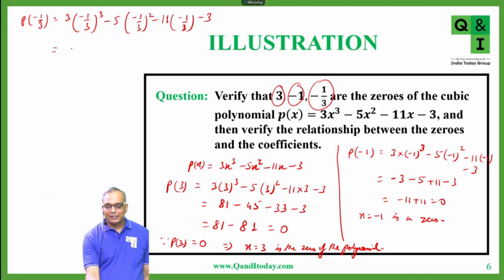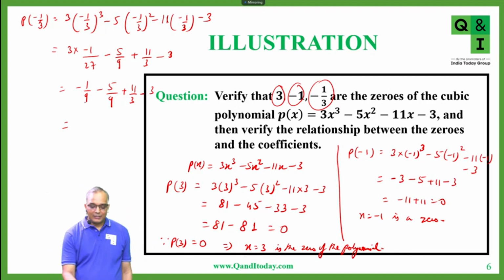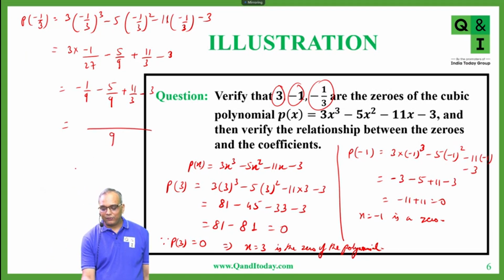So this is 3 times negative 1 by 27 minus 5 by 9 plus 11 by 3 minus 3. So this is negative 1 by 9 minus 5 by 9 plus 11 by 3 minus 3. If you take LCM as 9, this is negative 6, and then 11 times 3 is 33, minus 27.